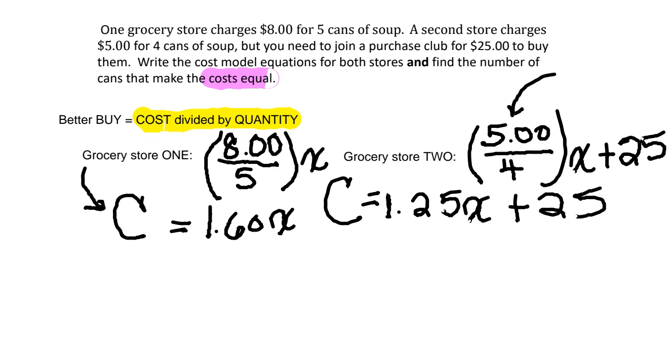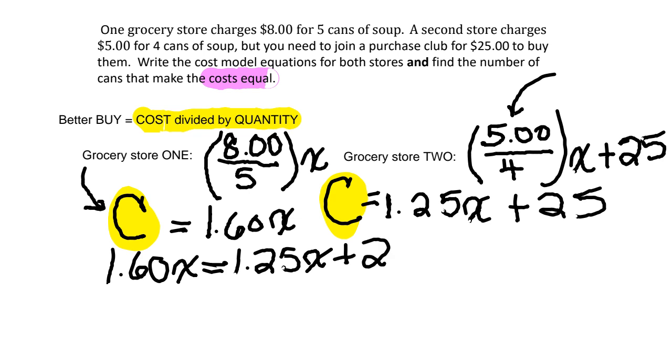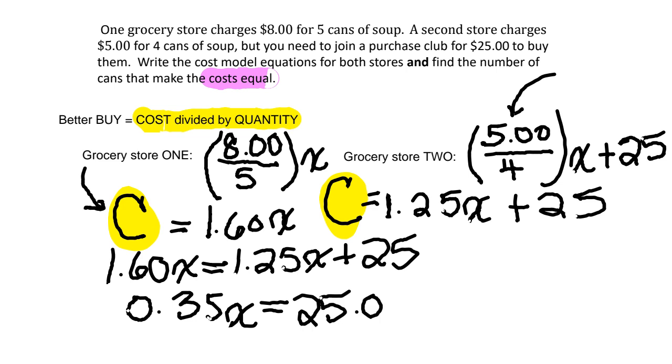Well, as you see, this is a C, this is a C. So I now write $1.60 X is equal to $1.25 X plus 25. Now, I'm subtracting $1.25 from both sides. This will give me 0.35 X is equal to 25. Now notice I put the dollars on these because I kind of ran out of space up here. But this is money. Money is 2 decimals.